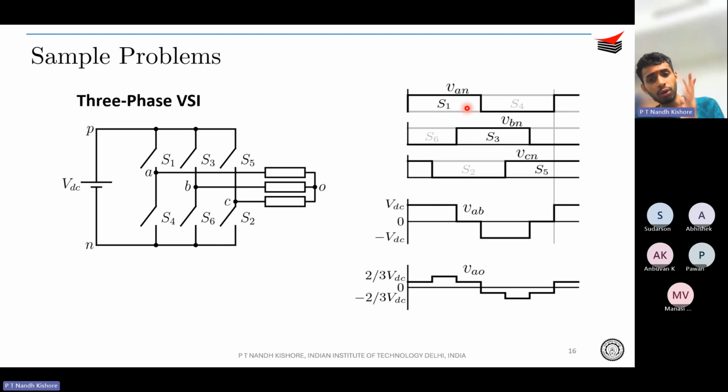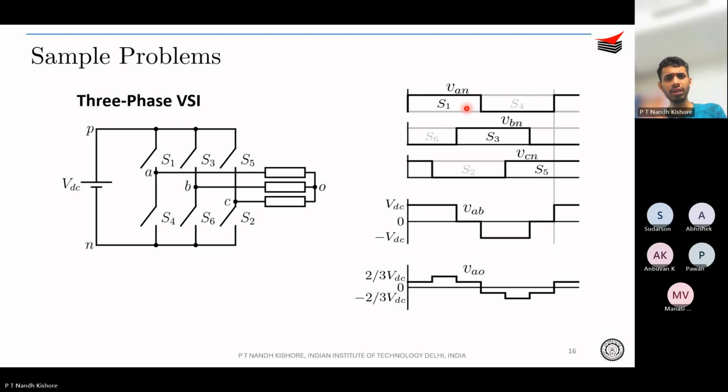So you will see that as you progress from one state to the next state, right? There is a change only in one switch. There will not be a change in multiple switches. So if you change from, let's say, 60 degrees to 120 degrees, then go to the 120 to 180 degree area, you will see that there is a change only in one switch. Multiple switches will not change at the same time. Each transition from one state to the next will involve only one switch.